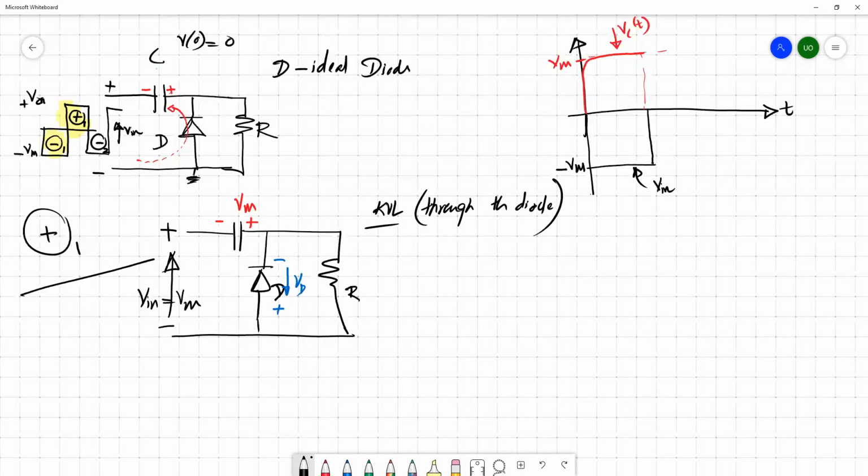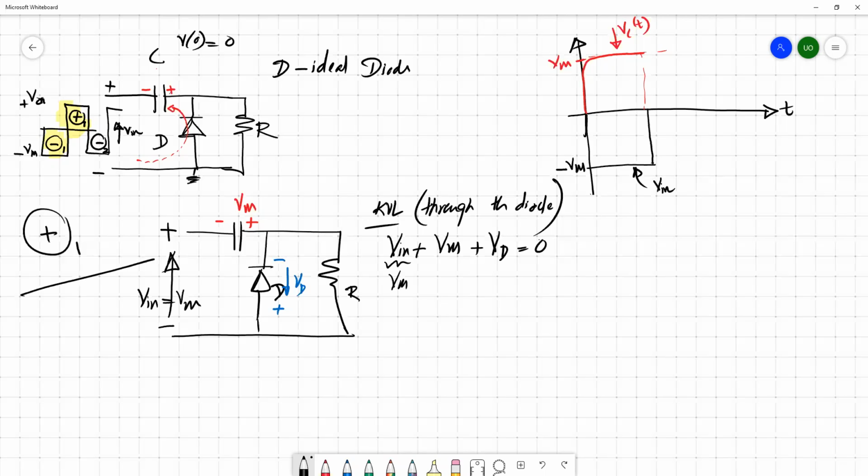If you apply Kirchhoff's voltage law, we can see Vin, which is actually Vm, plus the voltage across the capacitor, which is now charged to Vm, plus Vd should equal 0, or we can say the open circuit, whatever. So this is the actual voltage.